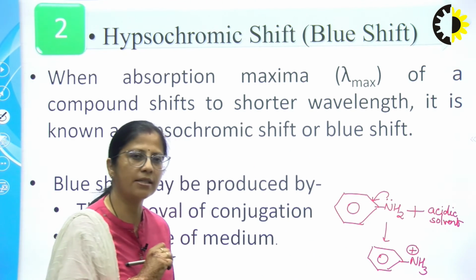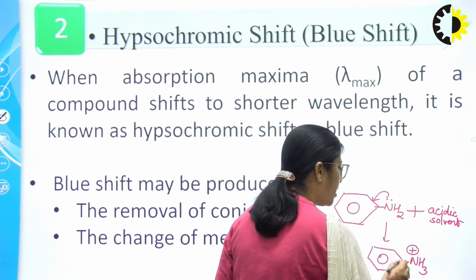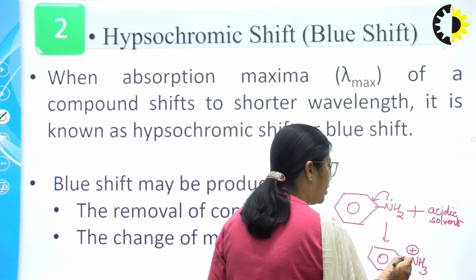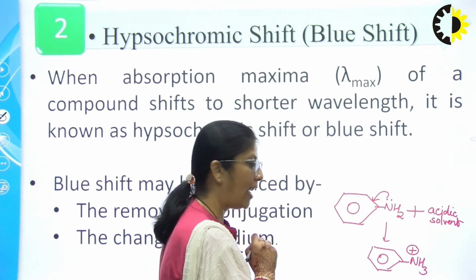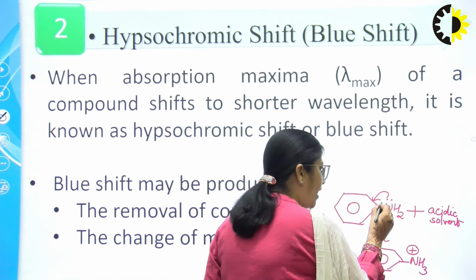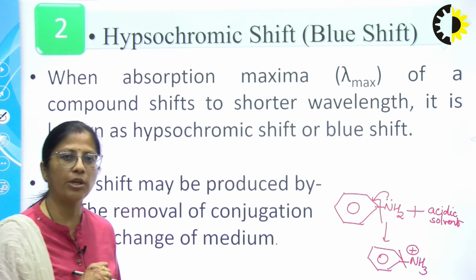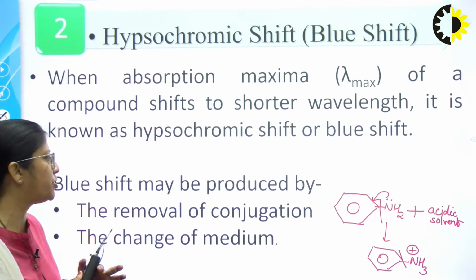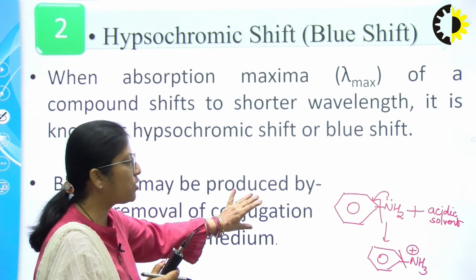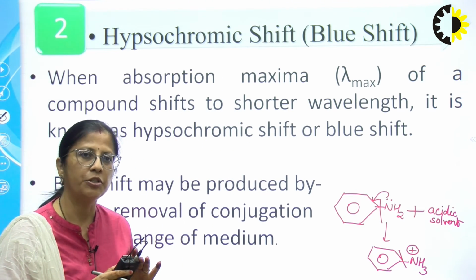Now, here you can see that there are no lone pair of electrons available to be included in the conjugation. Hence, instead of increasing the conjugation, I am decreasing the conjugation. So, on removal of the conjugation, the shift that is going to be observed is the blue shift or the hypsochromic shift.